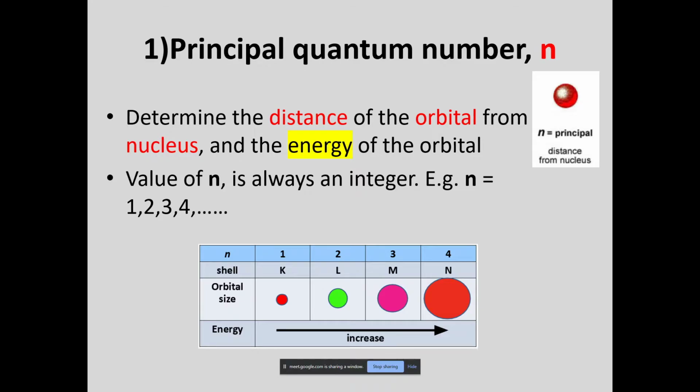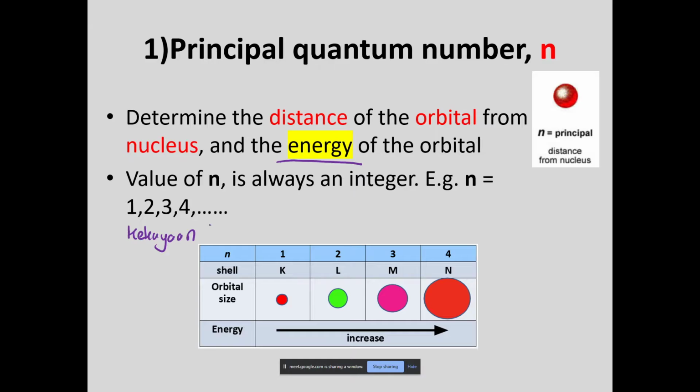So let's see the first, principal quantum number. Okay, principal quantum number, it determines the distance of the orbital from nucleus and the energy of the orbitals. So maksudnya, N determines dia punya total energy. Macam saya cakap tadi, contohnya kekayaan elektron tu lah.